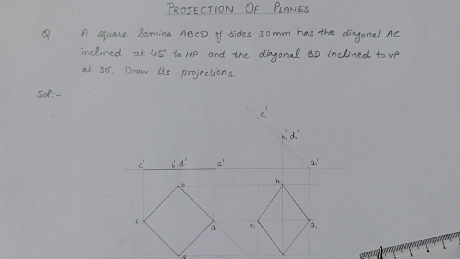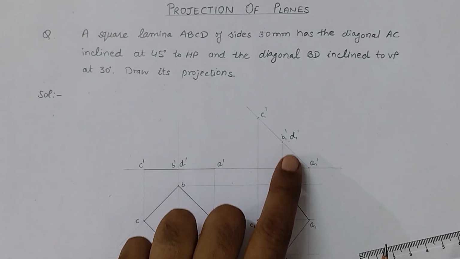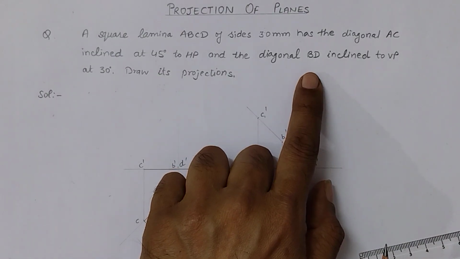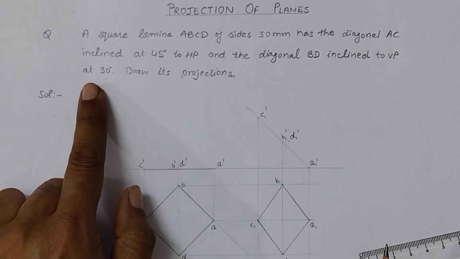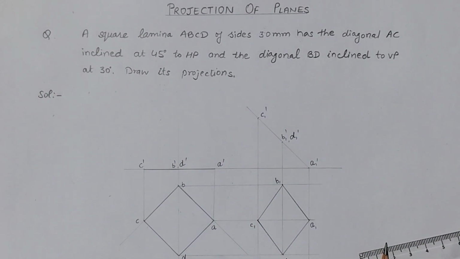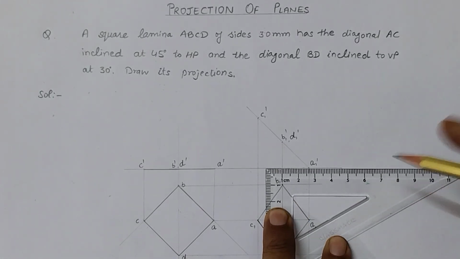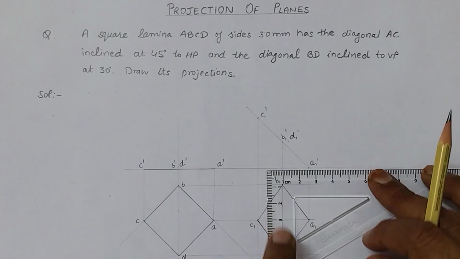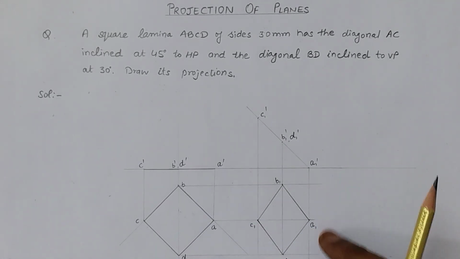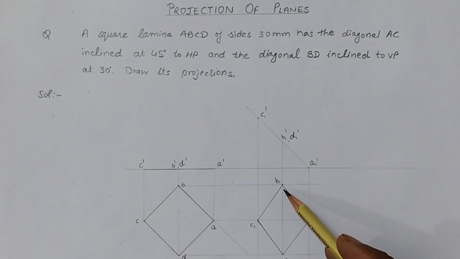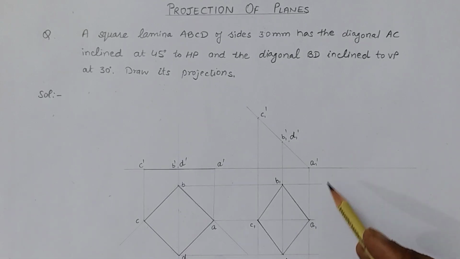So now this is the projection of lamina when the lamina is inclined at 45 to HP. Now we have to incline diagonal BD with VP at an angle of 30 degrees. So now we have to incline this lamina keeping BD inclined to VP.